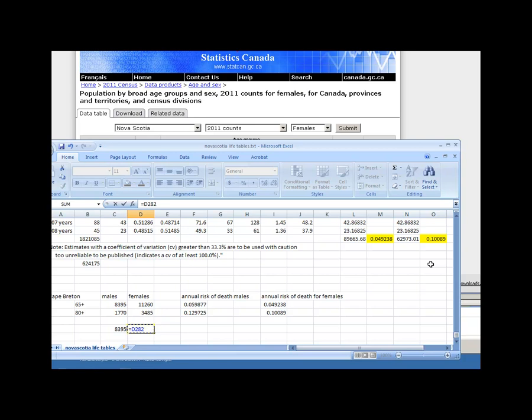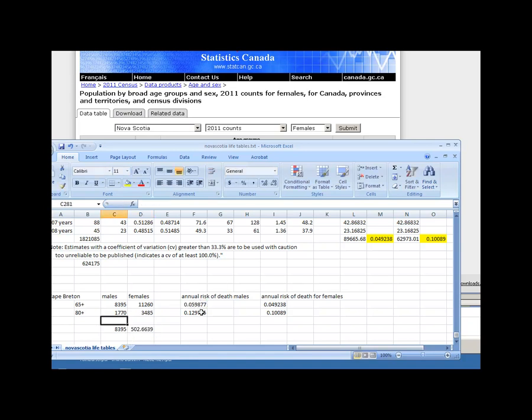And in 1 year, we multiply the number of males by the annual risk of death. And I clicked in the wrong spot. So equals this number, which is cell C282, multiplied by the annual risk of death.